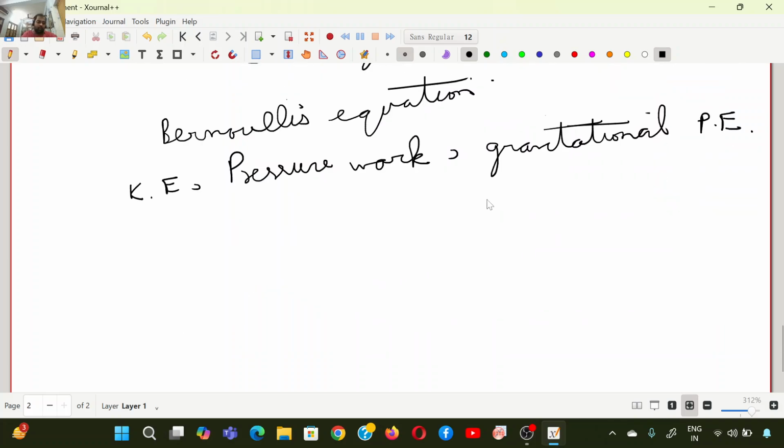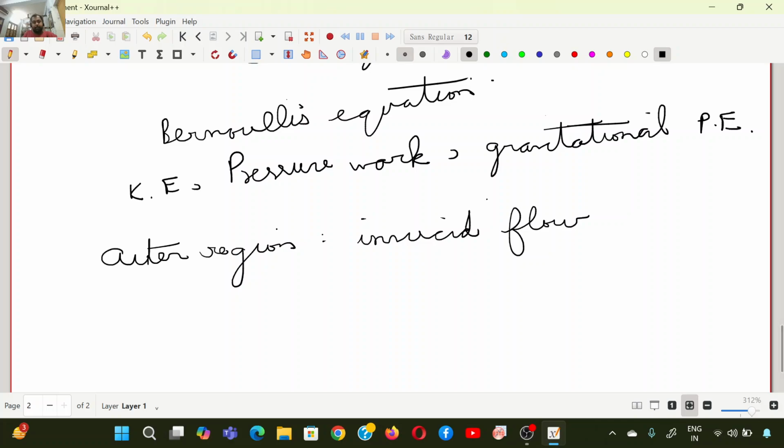Okay, coming back to the boundary layer concept. So basically, if you remember the figure I drew earlier, the outer region is the inviscid flow. Inner region is the boundary layer.